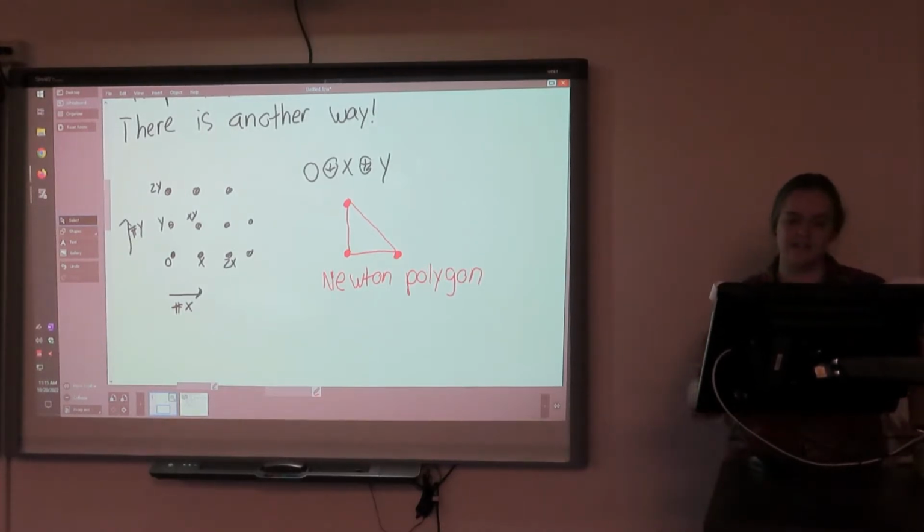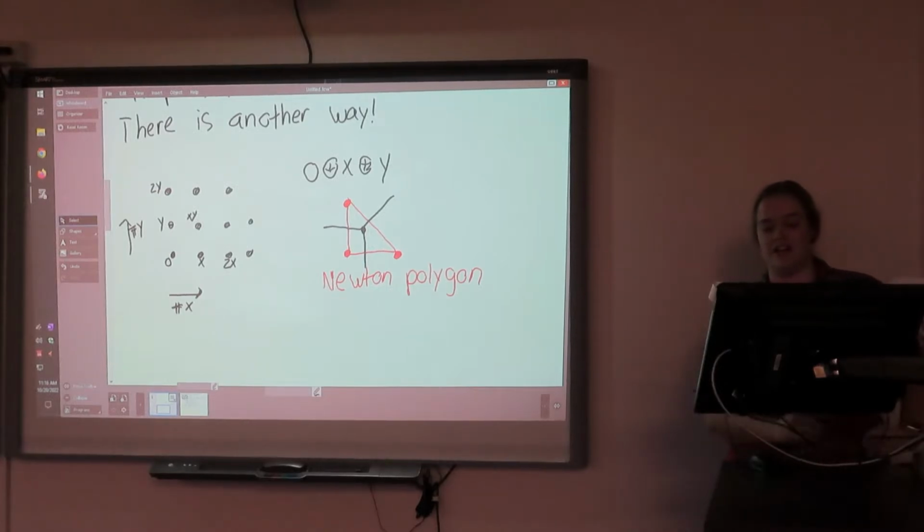And in this case, it works that our graph has a vertex in the center of this, and all of the edges are perpendicular to the sides of the Newton polygon. So we get our same line, but that only works for this triangle.